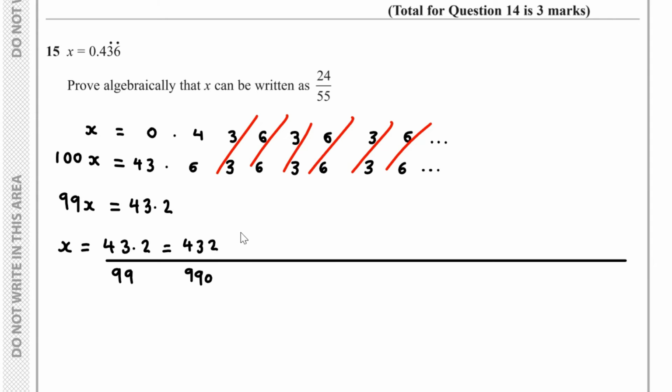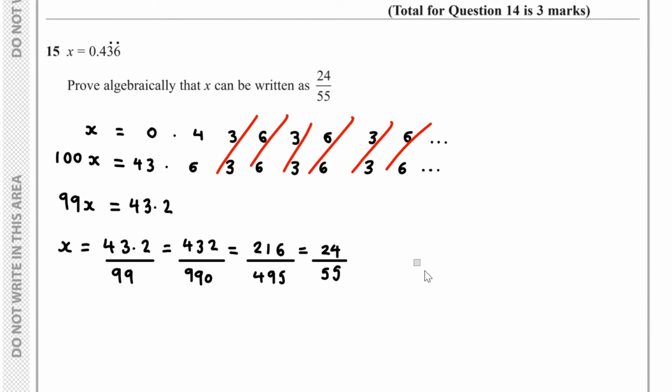And if we divide top and bottom by 2, we get 216 over 495. So we get 24 over 55 as our final answer.